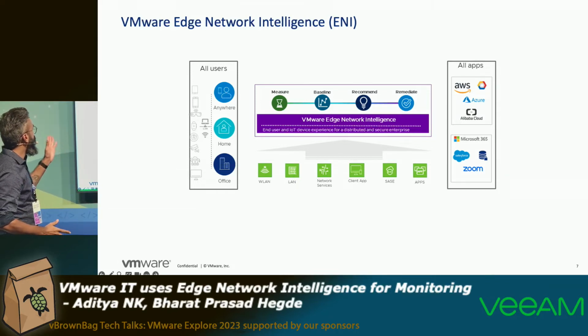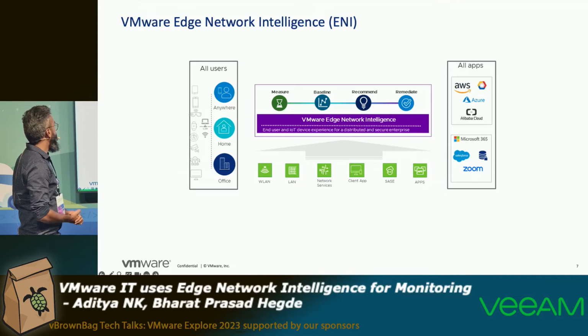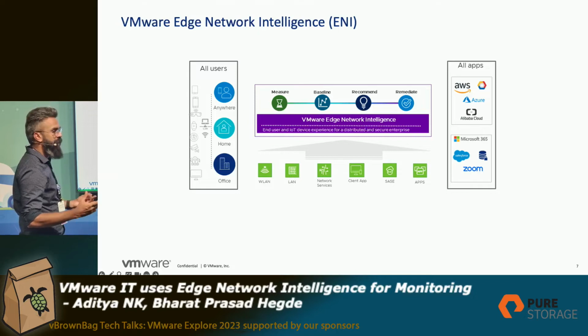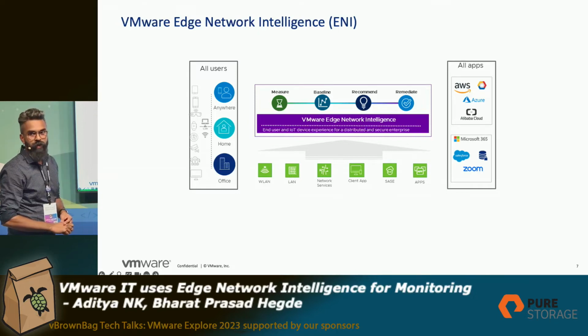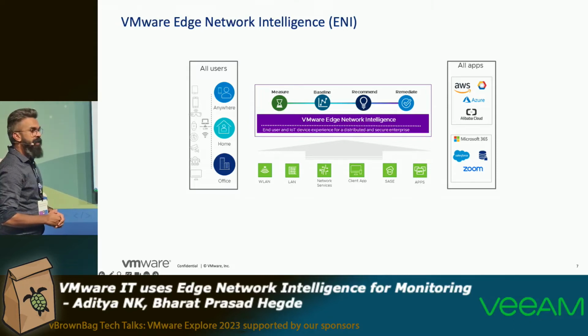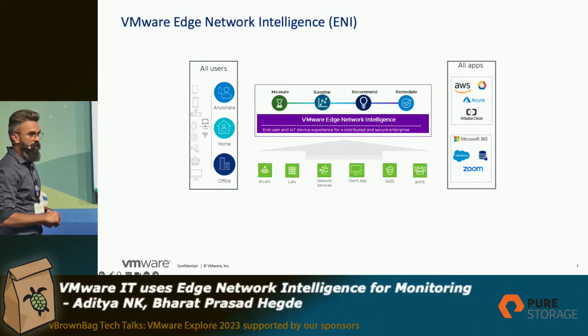And here is the quick architecture of ENI, and it works for all the users who are working from remote, office, and anywhere. And it also supports IoT devices. VMware ENI is also capable of monitoring the enterprise Wi-Fi infrastructure. In VMware IT, we adopted it to monitor the Wi-Fi infrastructure in our office.